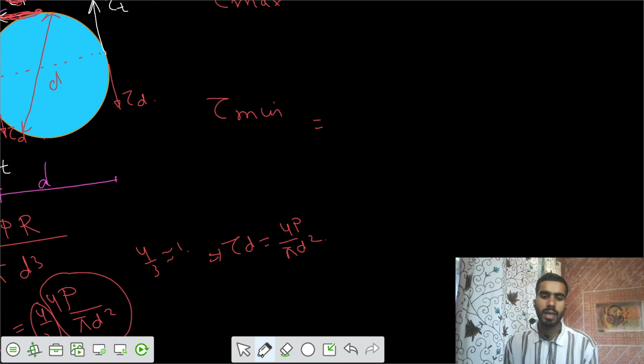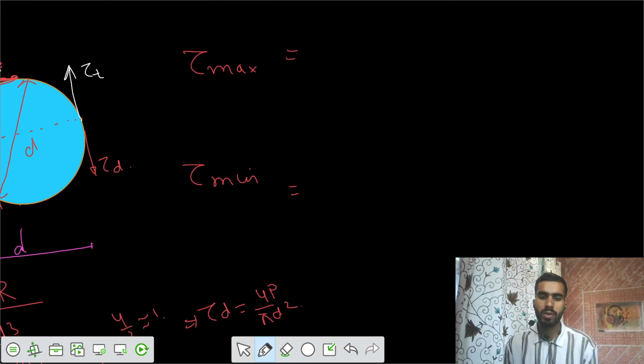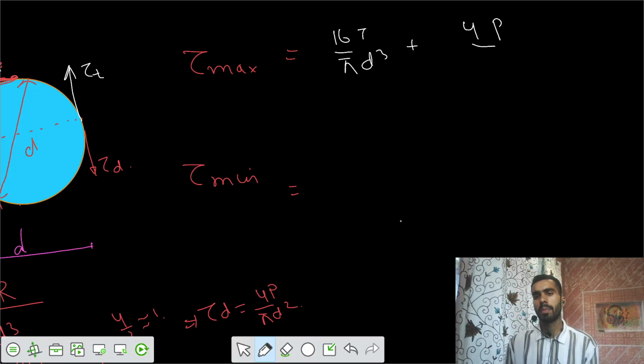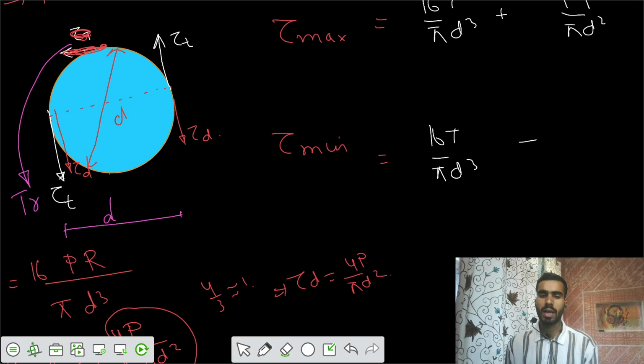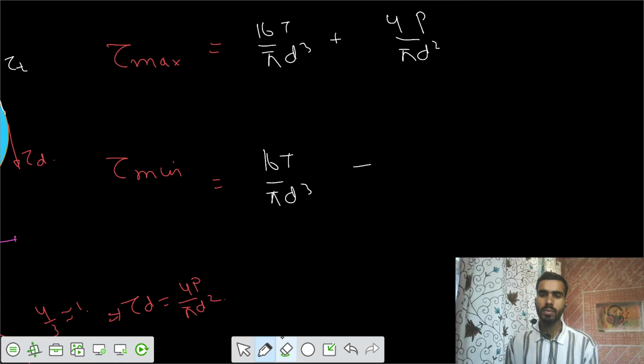And if I write those values in tau max and tau minimum, I write 16T by pi d cube plus 4P by pi d square. And in this one, I will write 16T by pi d cube, and it is in the opposite direction, so 16T by pi d cube minus 4P by pi d square.